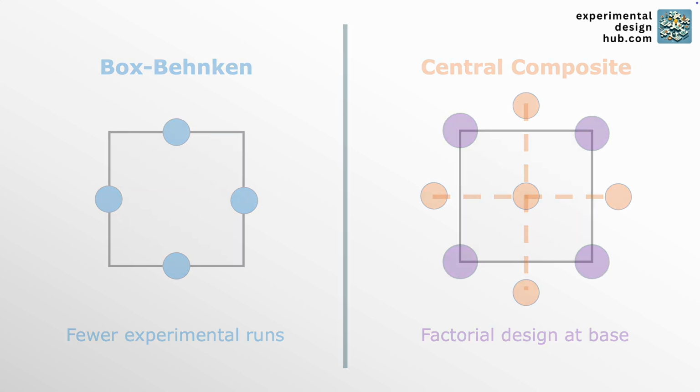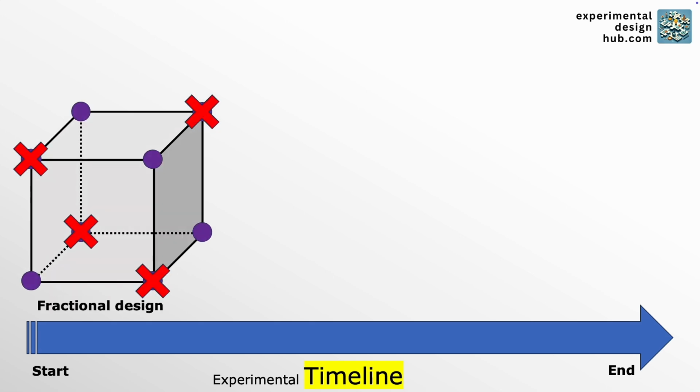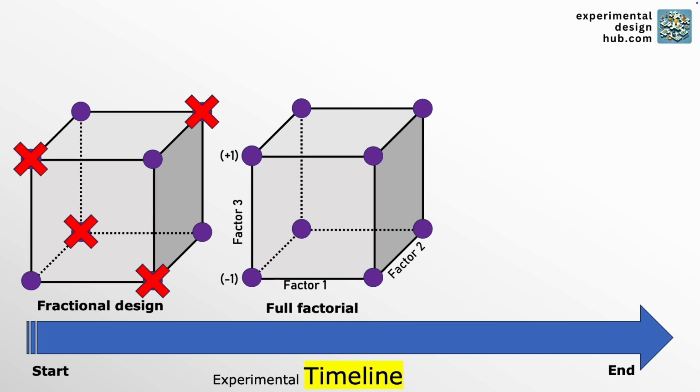And that means that it is more flexible and that you don't have to run all the experiments at once. You can start small with a fraction of the data points with the fractional design. Analyze what you learn, decide if you need more data. If yes, add factorial points, perform a full factorial design.